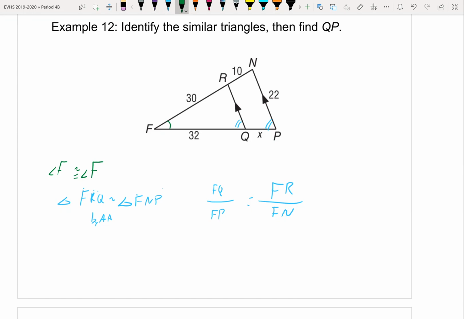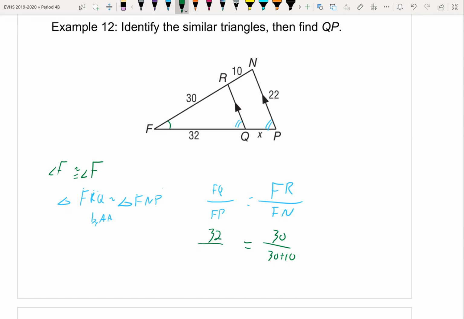which would then be FN on the other triangle. Now, when I set up my fractions with numbers in it, I'm going to do FR and FN first because there's only numbers in it. So FR is 30, and then FN is going to be 30 plus 10. We're going to reduce that to 40 in a second, or simplify it. So this is a composition of those two, the sum of them. Now, FQ is 32.